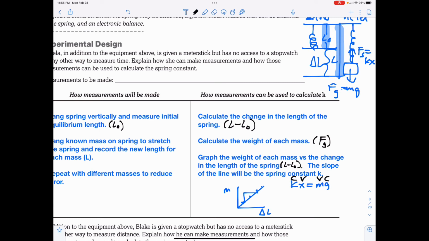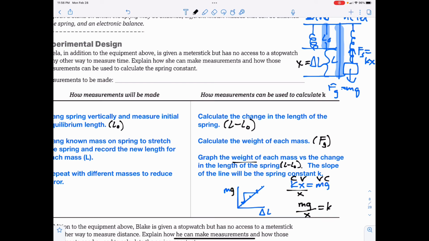So what we're doing is dividing by x, and we'll just multiply this constant times g, and so what we get is mg over x, which is the distance you're stretching it, is equal to k. mg is your rise, the weight of each mass.